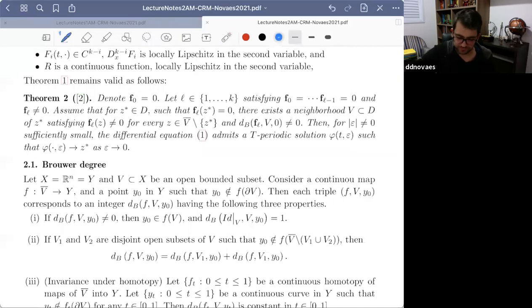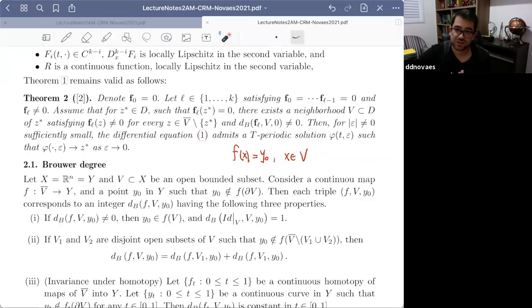The Brouwer degree is a function which tries to answer the question: f(x) equals y_0 for x belonging to some domain V. So we want to know if this equation admits solutions in V. That is the context where the Brouwer degree is defined.